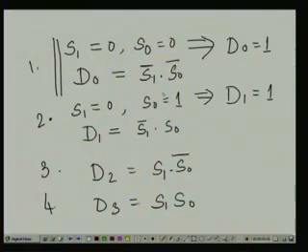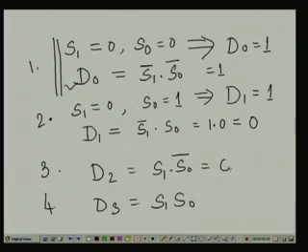When it is 0 0 and D0 is selected, that means D0 is 1, then what is the status of D1, D2 and D3, because they must be 0. Here S1 is 0 and S0 is 0, so S1 bar is 1, and for D1 this means the output is logic 0.